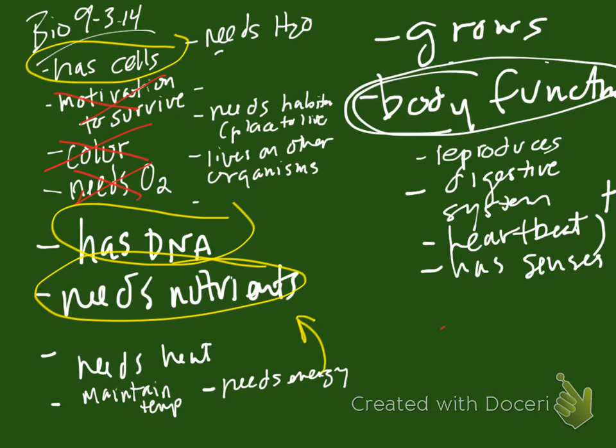Does a single bacterial cell maintain its temperature? There's a distinction here. Can it do something to maintain its temperature? Can it do anything to maintain its temperature? No. But if its temperature isn't maintained, does something happen to it? What happens to it? It dies. Why do you cook hamburger to 160 degrees?